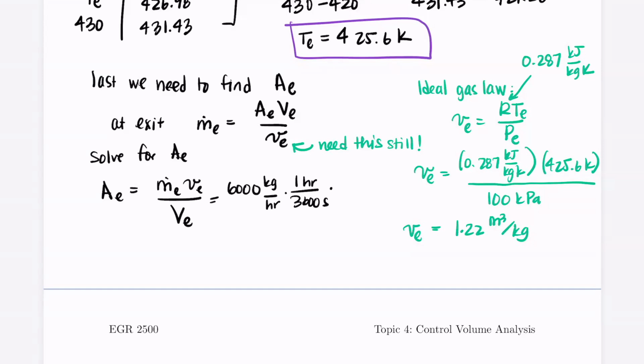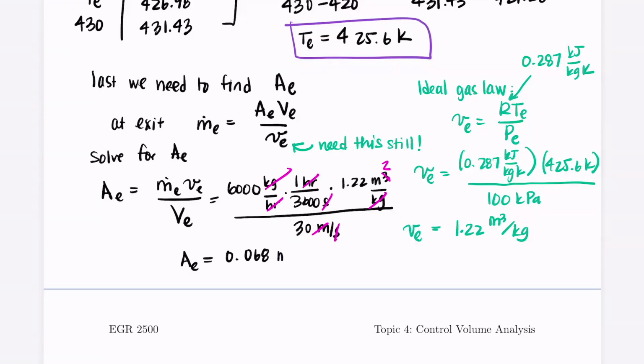Times VE, which is 1.22 meters cubed per kilogram, divided by 30 meters per second. That's the velocity at our exit. All right, and so our hours cancel out, seconds cancel, kilograms cancel, and then one of our meters goes away. So we end up with meters squared, which is good because we wanted an area, right? So we have that AE is equal to 0.068 meters squared.